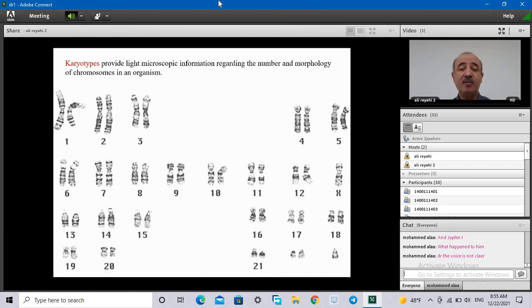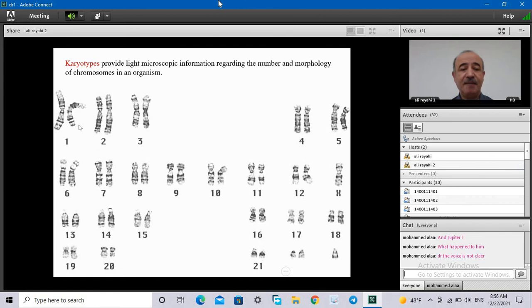22 pairs of chromosomes are somatic chromosomes, and one pair is the genital chromosomes, like X and Y, okay. And you know that male cells contain the XY chromosomes, and the woman contains the XX genetic chromosomes, okay.